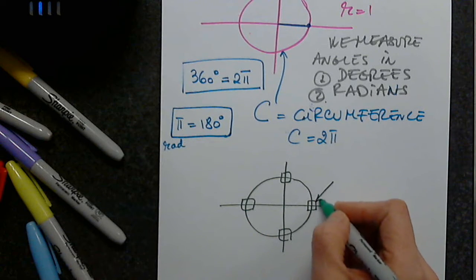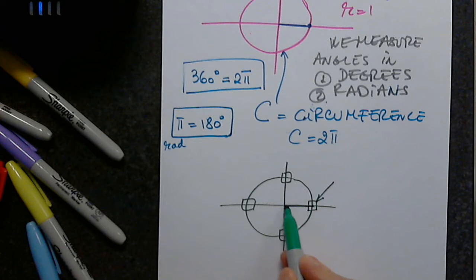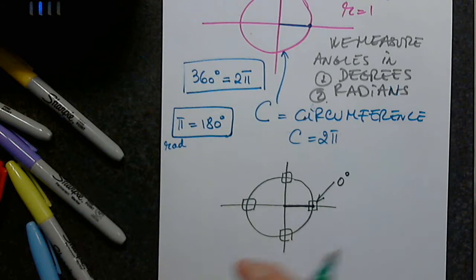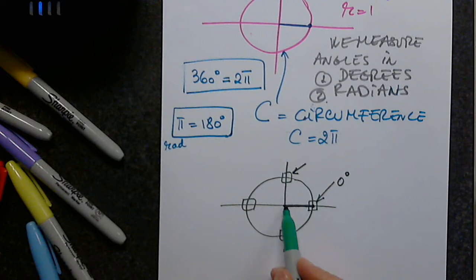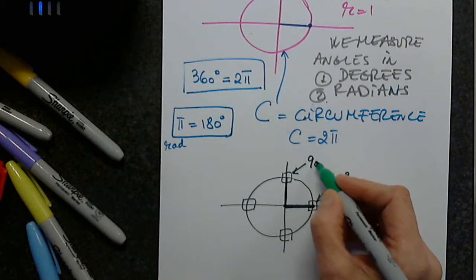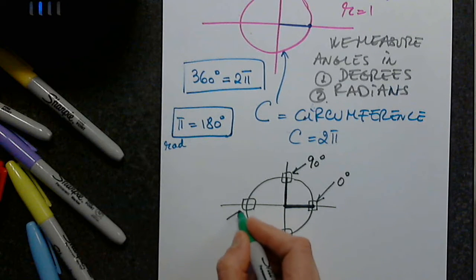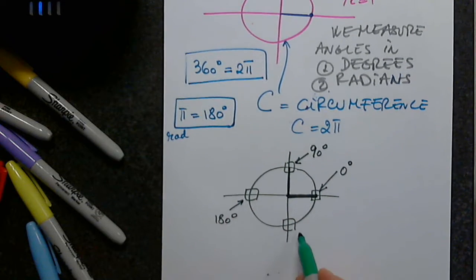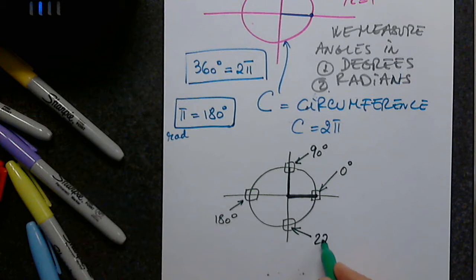I want you to give me here the number of degrees of an angle that starts here and ends here. 0. Okay, now I would like for this angle, meaning starts, has a standard position, starts here but ends here. Perfect. An angle that starts here and ends here. And the last one starts here and ends here. Very good.